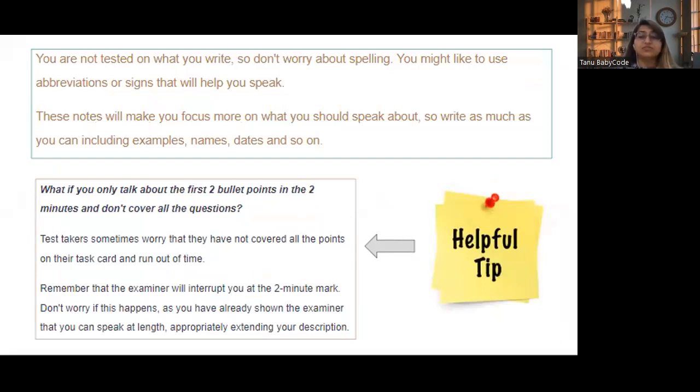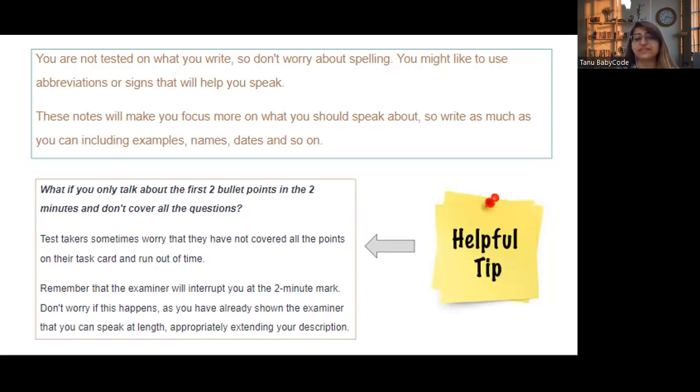One thing students should remember is, suppose you only talk about the first two bullet points in the 2 minutes and you do not cover all the questions, do not worry. If you run out of time, remember that the examiner will interrupt you only after the 2 minutes.